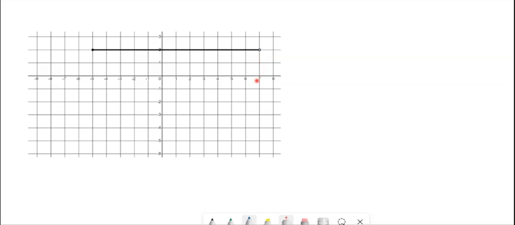For the domain, this is the leftmost, and that's -5, and this is the rightmost, and that's 7. So the domain is going to go from -5 up to 7, but parenthesis on the right side because of the open circle. But what about the range?